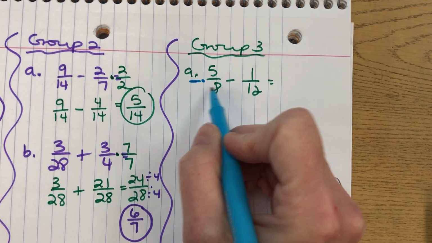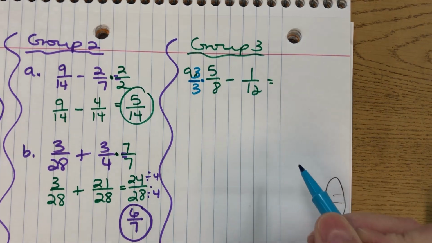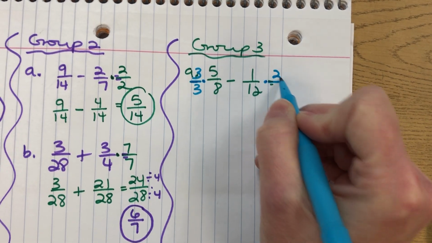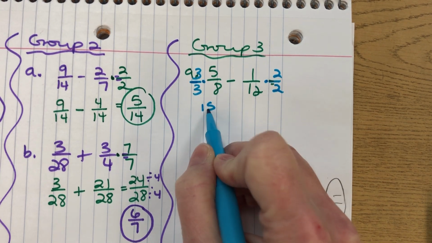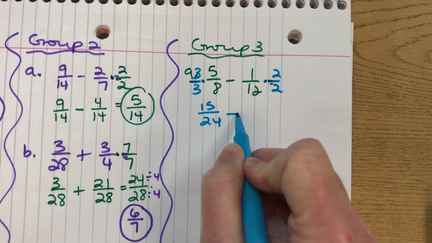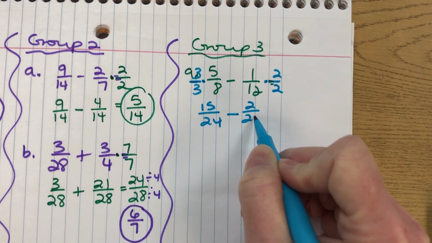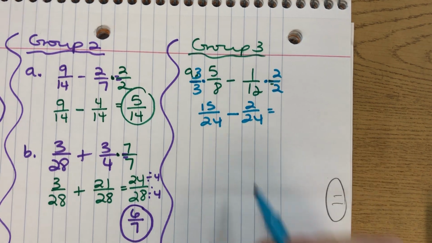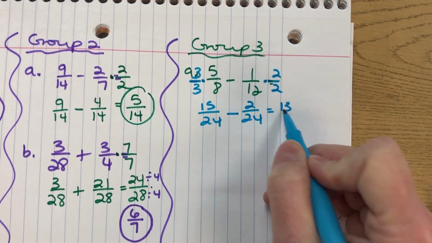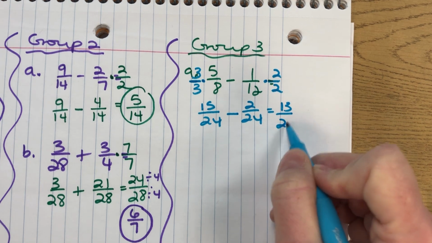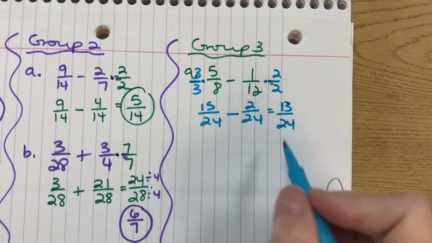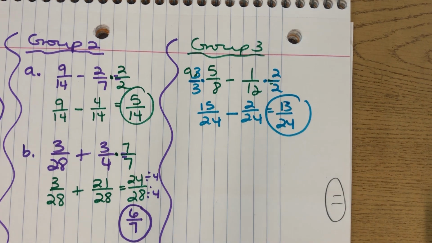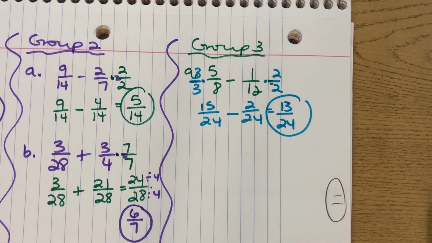So we said it took 3 8s to get 24, and it took 2 12s to get to 24. So my new fractions would be 15/24 minus 2/24. And 15 minus 2 is 13, and my denominator does not change. And there's not a number other than 1 that divides into 13 and 24, so we know that we are in simplest form.